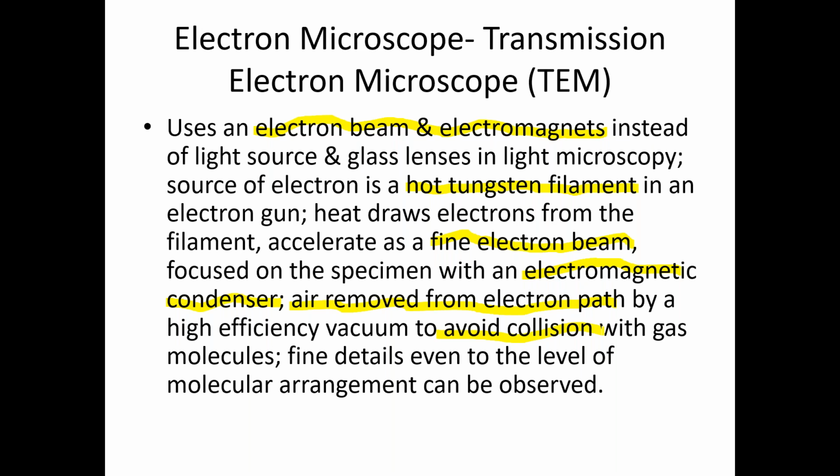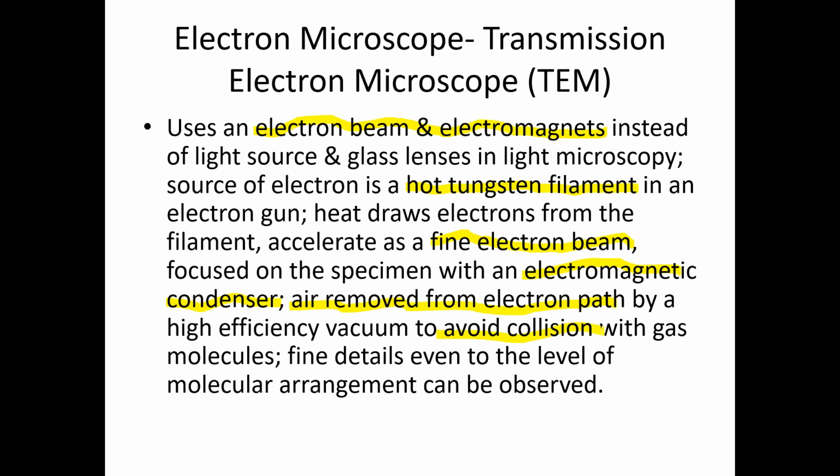Now, if there are air particles in the path of the electrons, there is a possibility that the electrons will collide with the gas molecules, so the path of the electrons will be altered and we won't get a fine image. In order to eliminate this issue, the air in the path of the beam of electrons is removed using a high efficiency vacuum, so that no collision with gas molecules will take place.